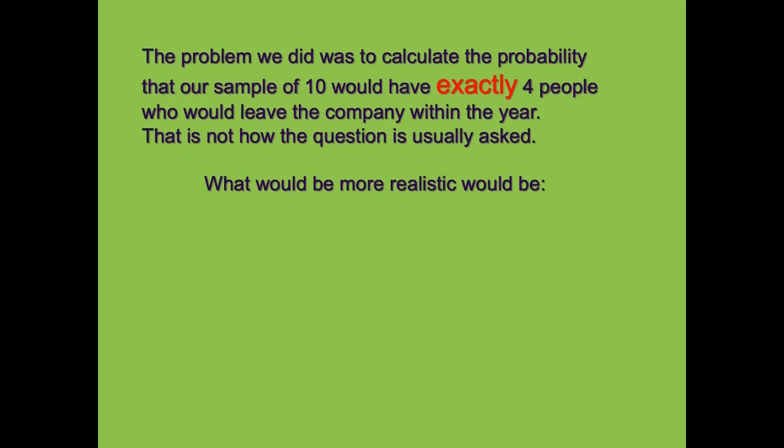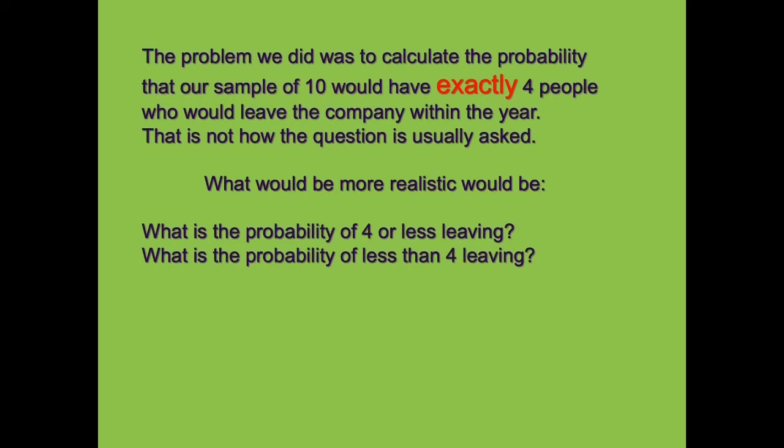A more realistic way to look at that would be: what is the probability of 4 or less leaving, as opposed to exactly 4? Also, what's the probability of less than 4 leaving? Now look at those two.